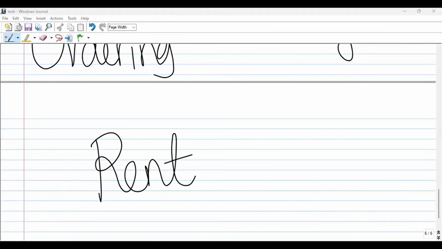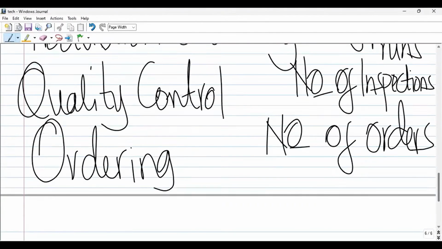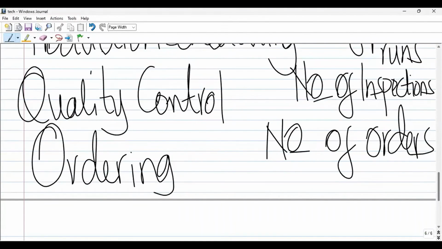So you should be in a position to use judgment and see which one is more applicable where. That's why we are saying ordering, number of orders. But next time you could find that number of orders is not there and they have given you another thing. So you must use judgment to see what is most appropriate where. Quality control, number of inspections. They may not give you number of inspections, but they give you something else. You must use judgment and choose the most appropriate one.